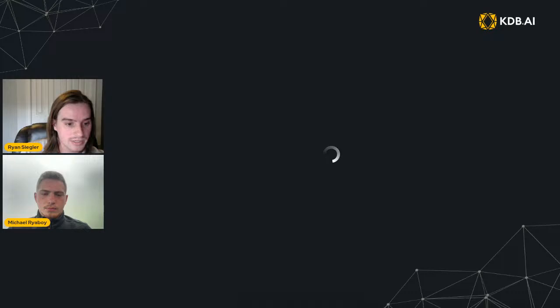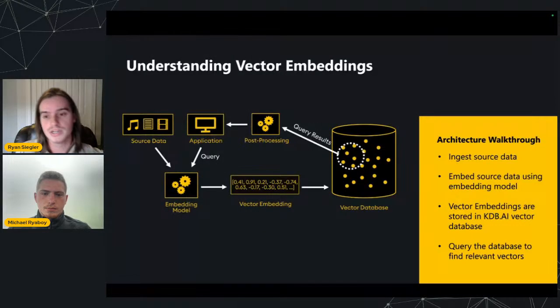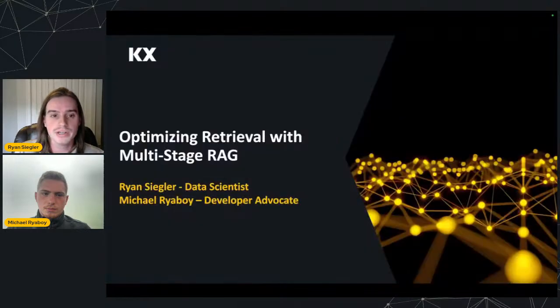And I'm going to go ahead and switch the deck over to get started with multistage RAG. What I like to do here is just do a quick rundown of what a vector database is and how this works within the retrieval and RAG pipeline.